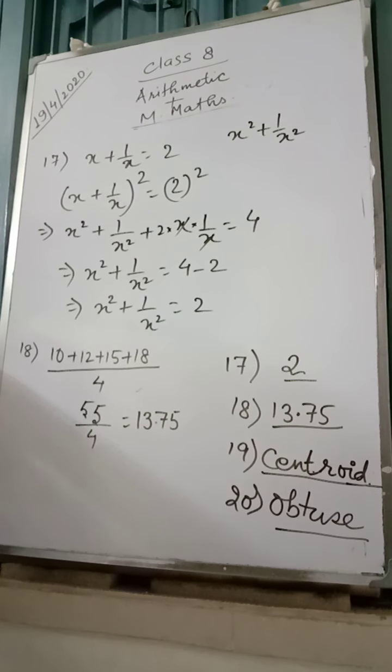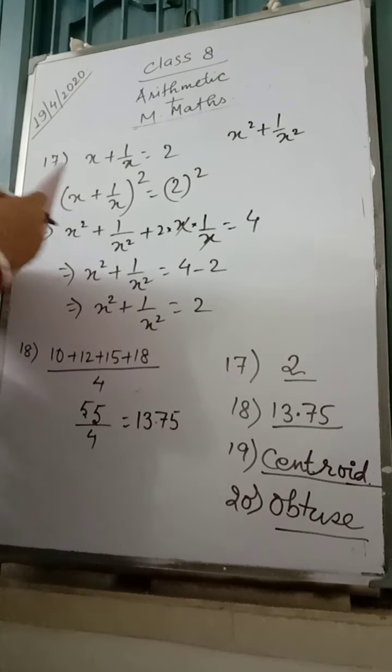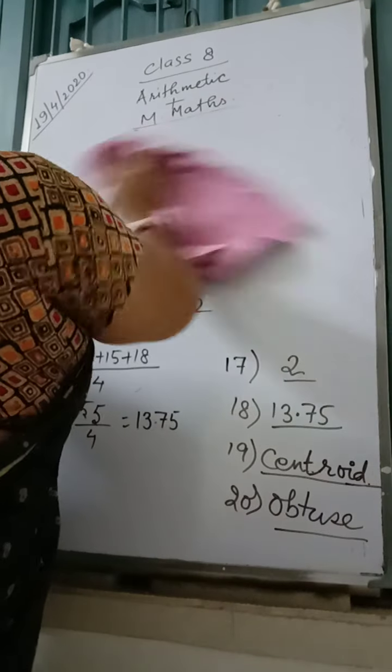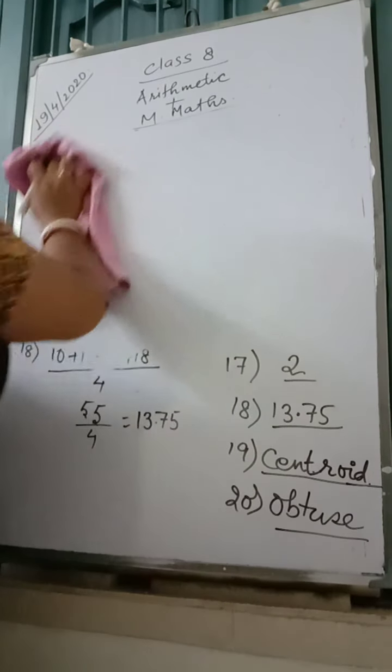Now what you have to do, you have to complete mental maths 3, in which you can leave only what you have to leave. Number 16, you see, mental maths 3, everything you have to do, just a few sums which you have not done.